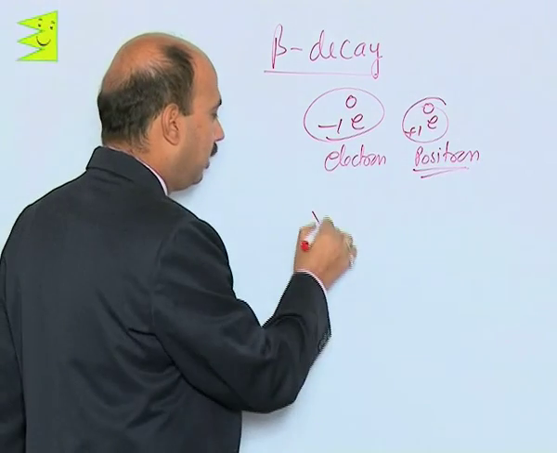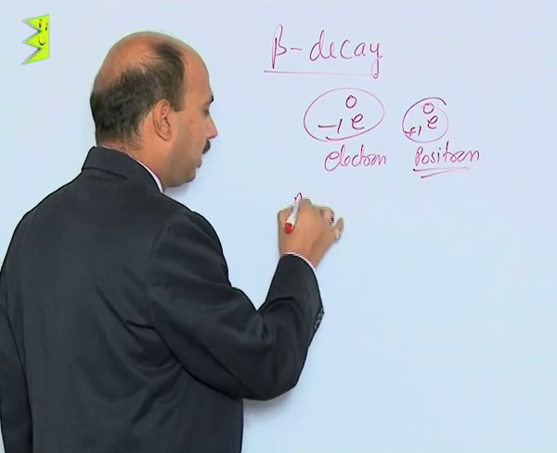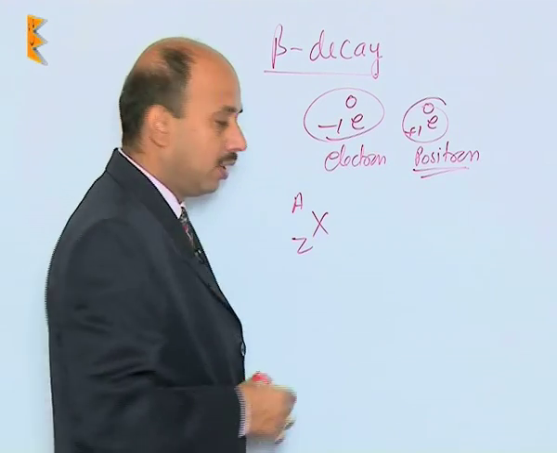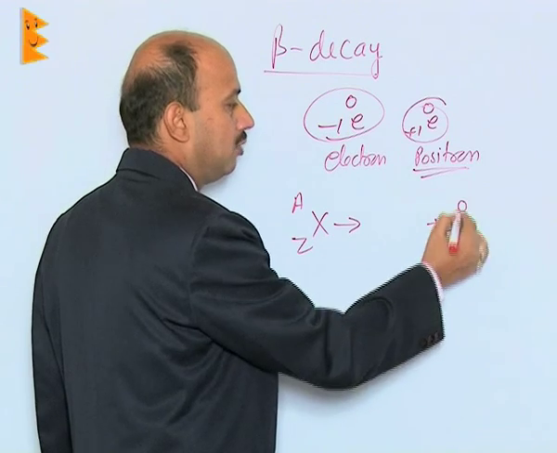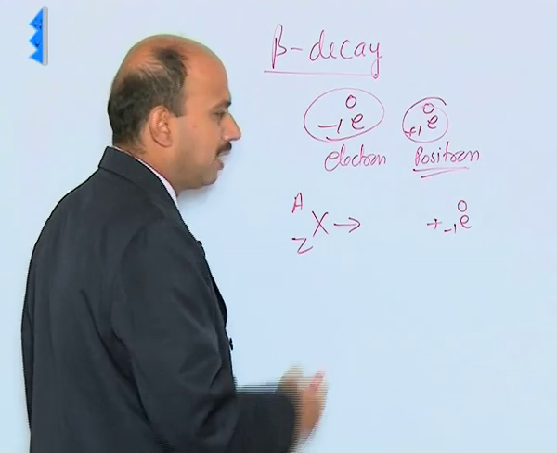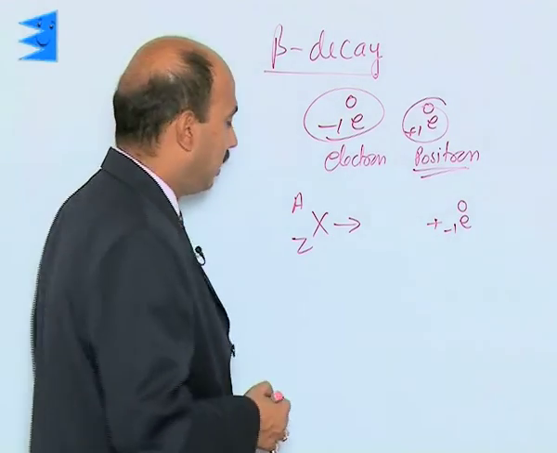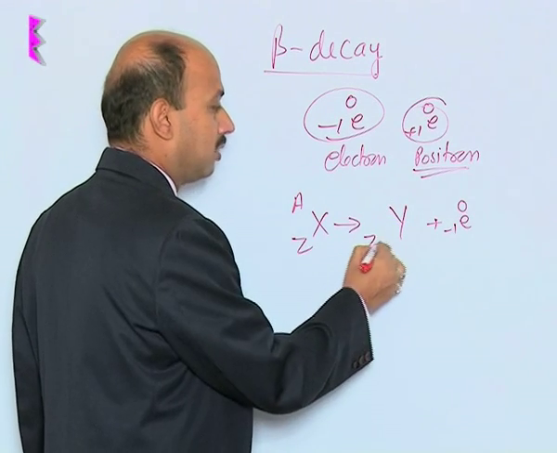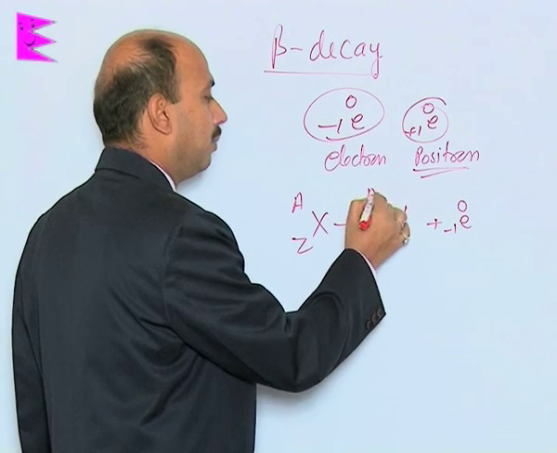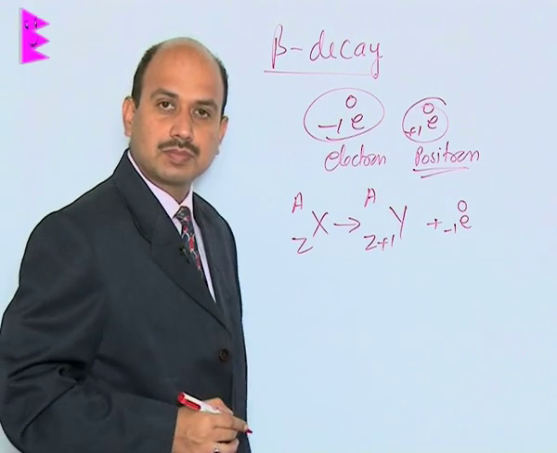Suppose you have taken any nucleus X whose atomic number is Z and mass number is A, and it is emitting the beta particle here, that is -1 E0. Then we can take the mass number as actually negligible here, and we can take the daughter nucleus as Z plus 1 and A remains as it is.